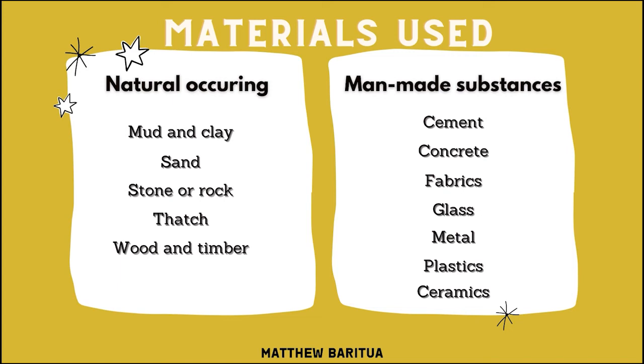Metals are used as structural framework for larger buildings such as skyscrapers or as an external surface covering. Plastics. These are typically organic polymers of high molecular mass and often contain other substances. These materials are usually synthetic. And lastly, ceramics. These materials are hard, corrosion resistant, and brittle.